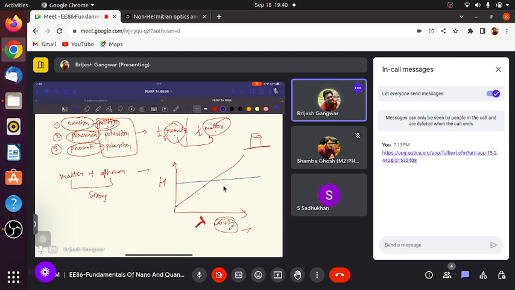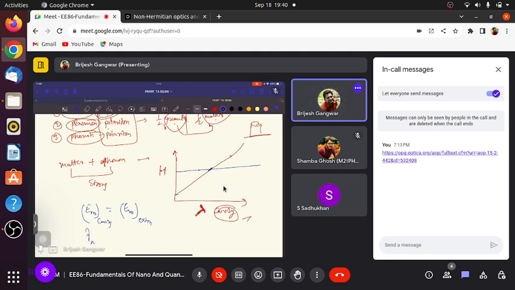When the cavity resonance and exciton resonance meet with the condition that E resonance of the cavity is equal to E resonance of the exciton, and one more condition, gamma cavity is equal to gamma exciton, then at this point the splitting will happen.